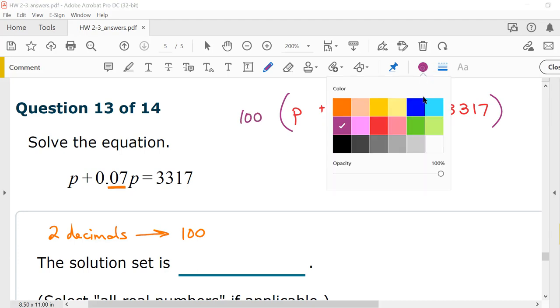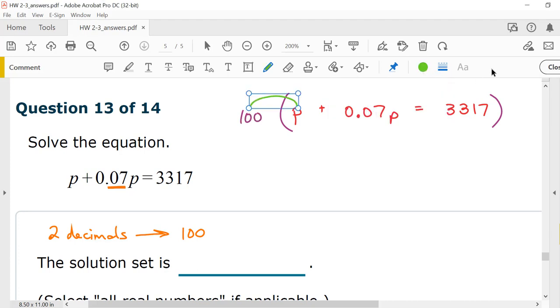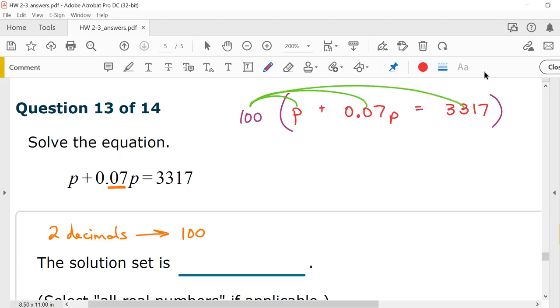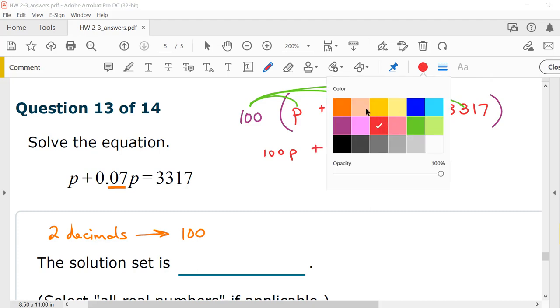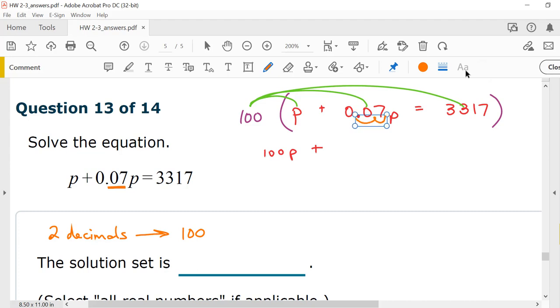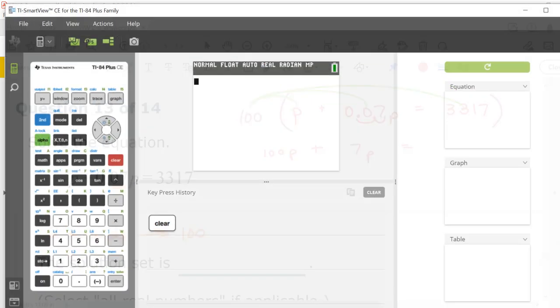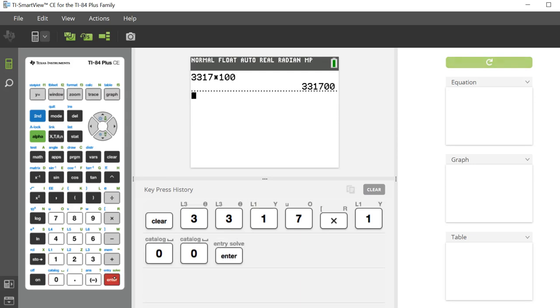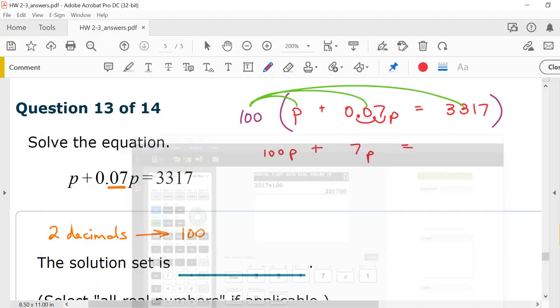So let's distribute that to everybody. 100 times p is 100p plus 100 times 0.07p. Well, we did this so that that decimal would move over 2. So I'm going to have plus 7p is equal to 3317 times 100 is 331,700.